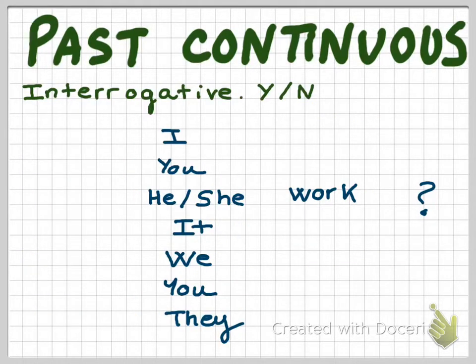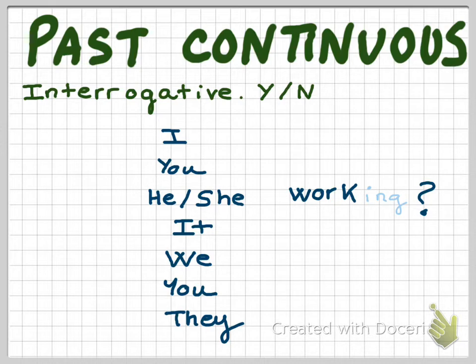The same for the question. Remember that we need the gerund, ing, to add ing to the end of the verb, and the verb to be. What is important to remember here is that there is an inversion. That means that we need to write was or were at the beginning of the sentence.